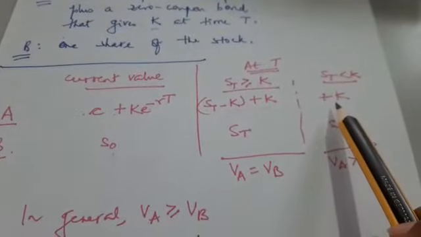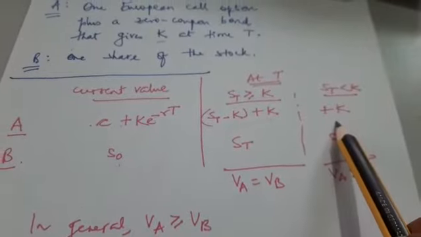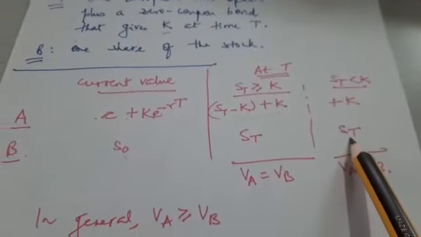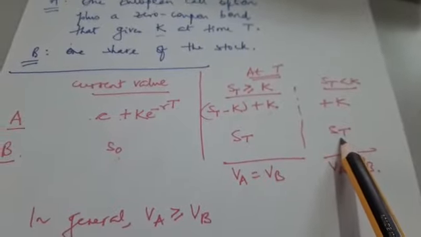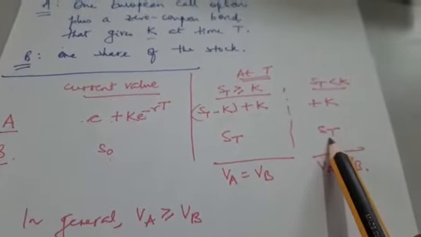The value of portfolio A will just be K, what you get from the zero coupon bond, and the value of portfolio B would again be just ST.